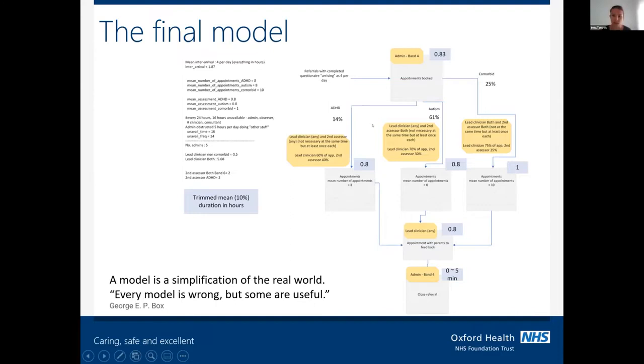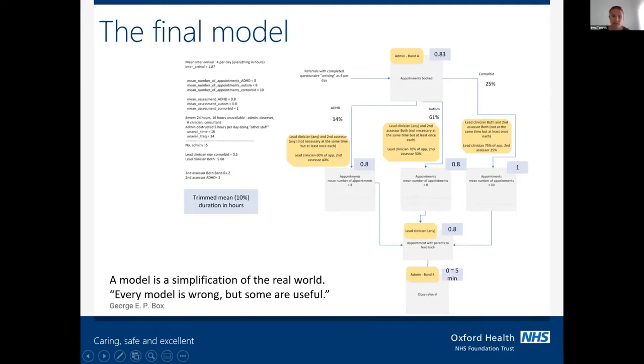In all of these sections, we identified who is actually doing those appointments. For ADHD and autism, we have on average 8 appointments. For comorbid, we have 10. But we have different staffing: admins, lead clinicians who are non-comorbid, so they do ADHD and autism, lead clinicians who can do comorbid as well as non-comorbid, second assessors who can do comorbid as well as non-comorbid, and second assessors who can only do ADHD.